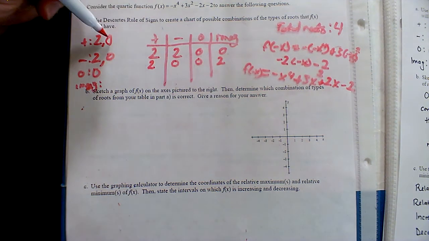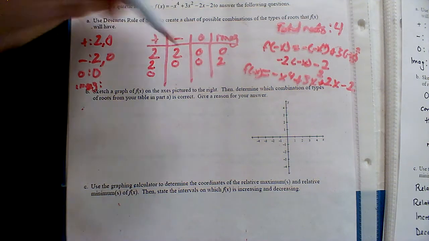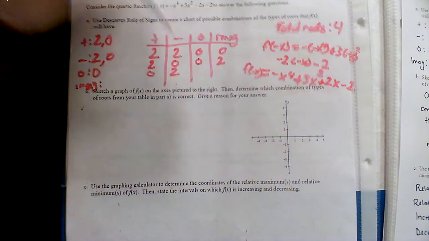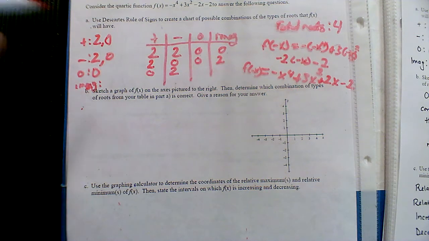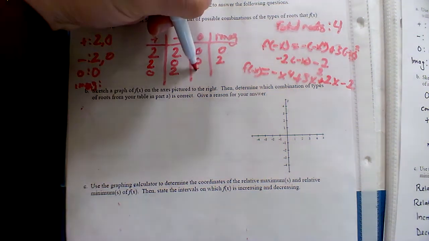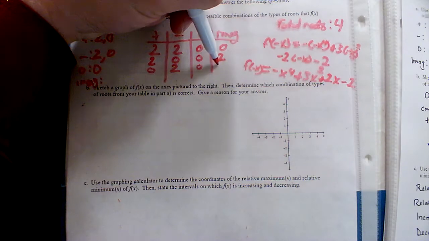But we also said that we could have 0 positives. But we could have 2 negatives. We're just using the scenarios from the left over here that we created. No zeros. That would leave us with how many imaginary? 2.